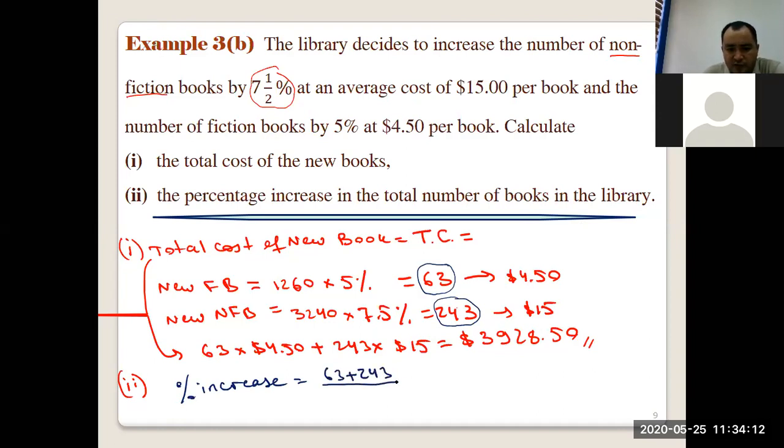And before, how many books did we have in the library? If you remember, it was 4,500. So we are going to express the number of new books as a percentage of the total number of books in the library.